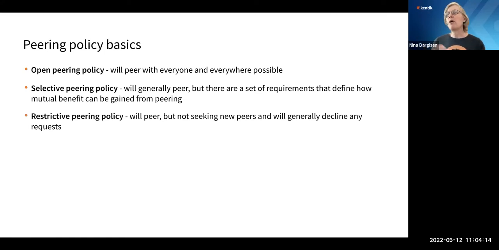Often the requirements are reasons you can say no. The purpose of having a reason to say no is that these networks only want to peer where it makes sense and where they feel the benefit of the peering is equal on both sides. Restricting peering policy is what we call the policy for networks who peer, but really don't need new peers and generally just decline whenever you try to ask for a peering.